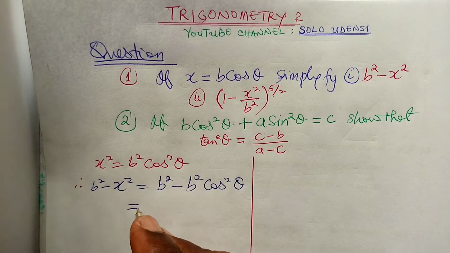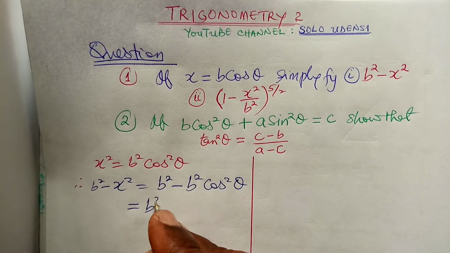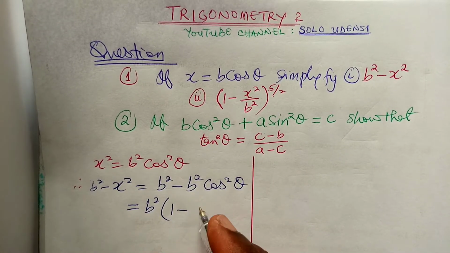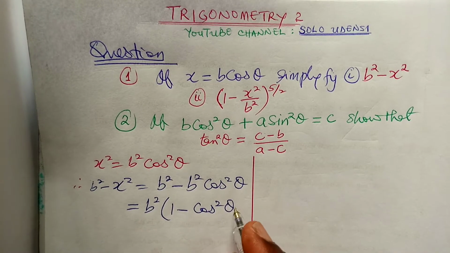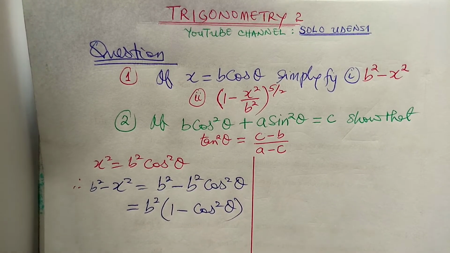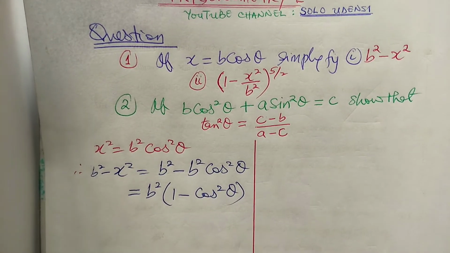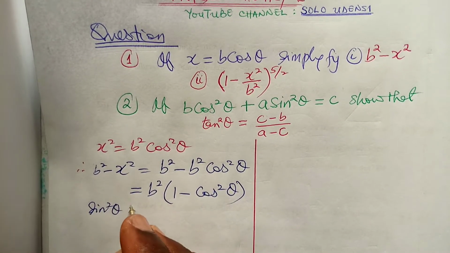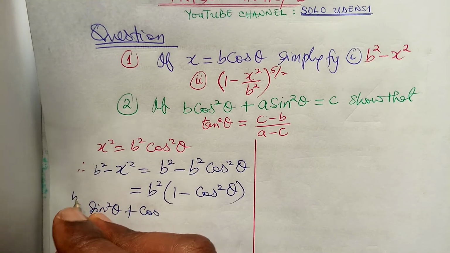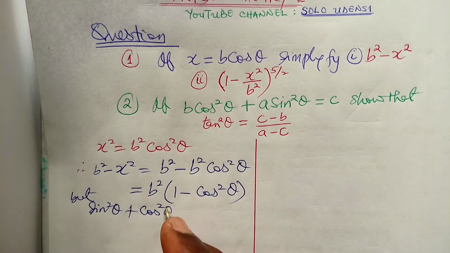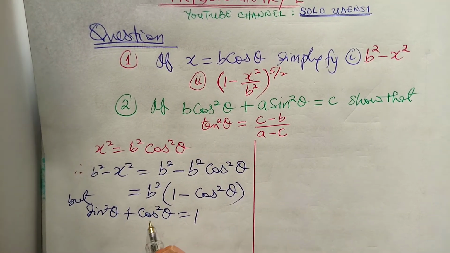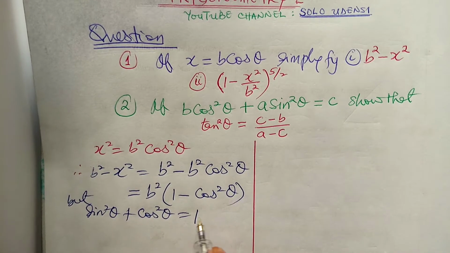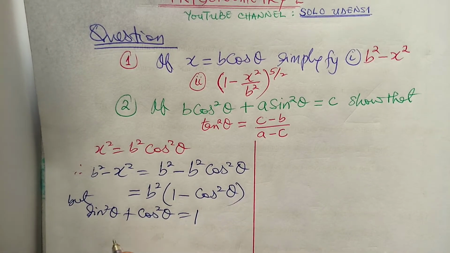So if we factor out b squared, it's equal to b squared times 1 minus cos squared theta. But we know from trigonometry that sin squared theta plus cos squared theta is equal to 1. So it means that 1 minus cos squared theta will be sin squared theta.